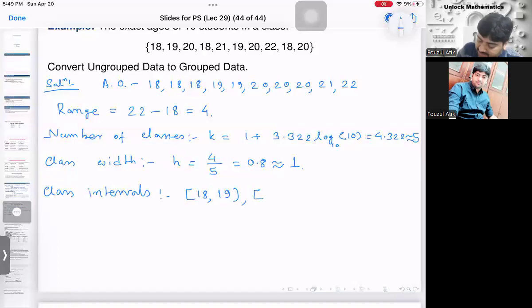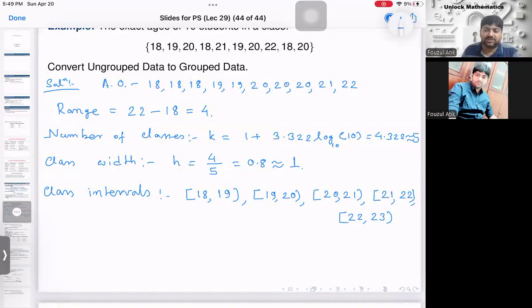Then 19 to 20, then 20 to 21, and then 21 to 22. And the last one, 22 to 23. So we created the non-overlapping class intervals.